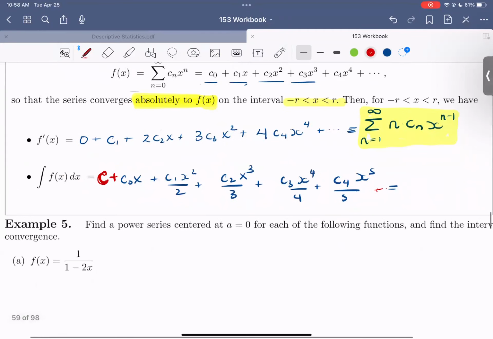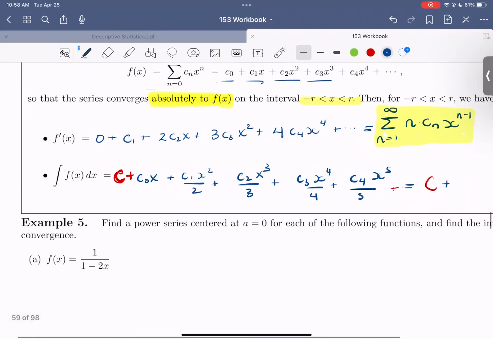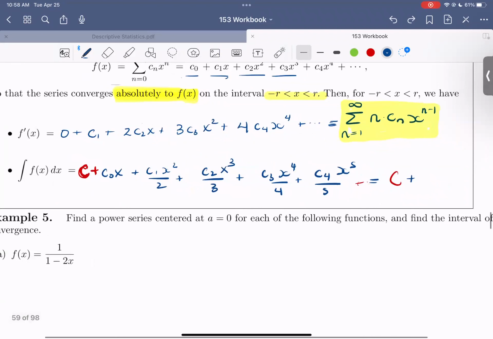So we have c. Always remember the plus c for the constant given by an indefinite antiderivative, or indefinite integral. Now we can see that the terms look like this: we can start with n equals 0 and add 1 to the exponent.